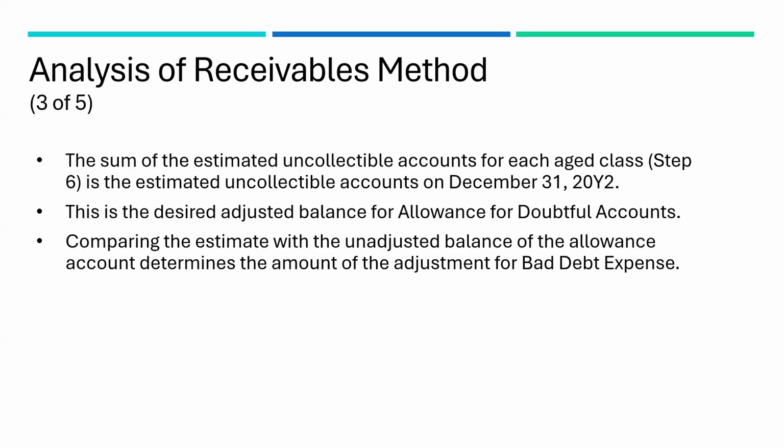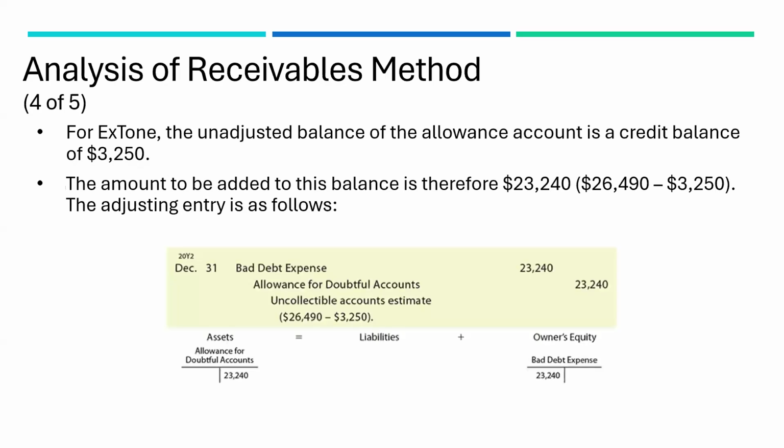And we compare the estimate of what we want the allowance to be to the unadjusted balance of the allowance, and we make a journal entry to plug what is needed to bring it to that amount. So if you remember, our initial balance was $3,250, and that's a credit balance.